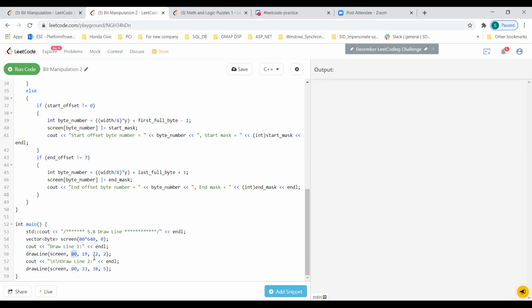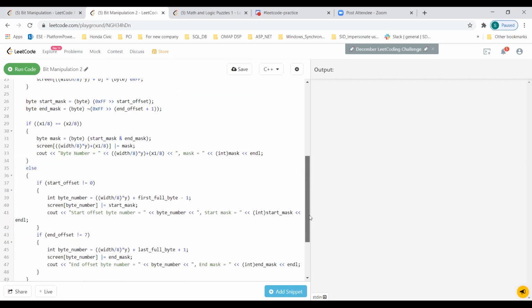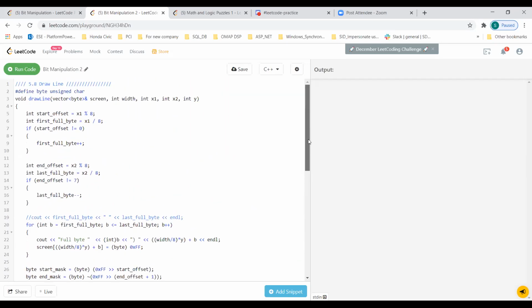So if I have to do that, how do I convert all of these numbers into bit manipulation? First, because my screen is always in bytes, it's an array of bytes, that is what it says, I need to find a start offset and then an end offset.